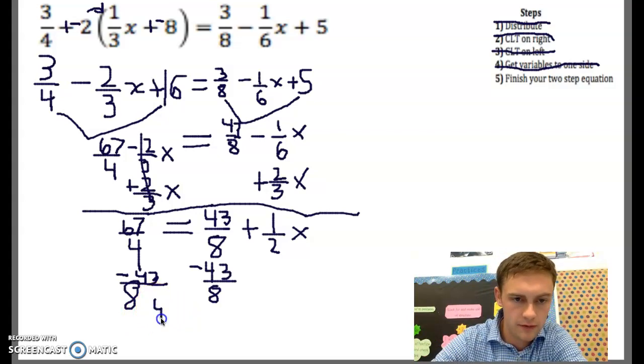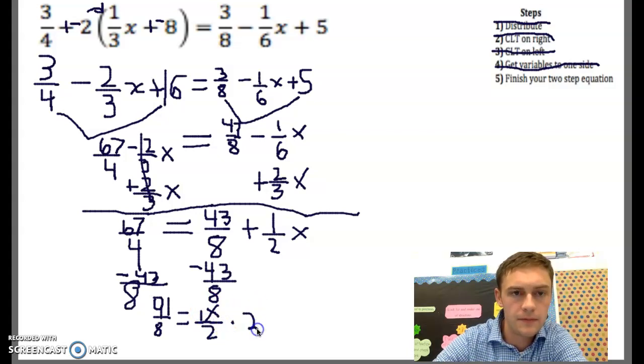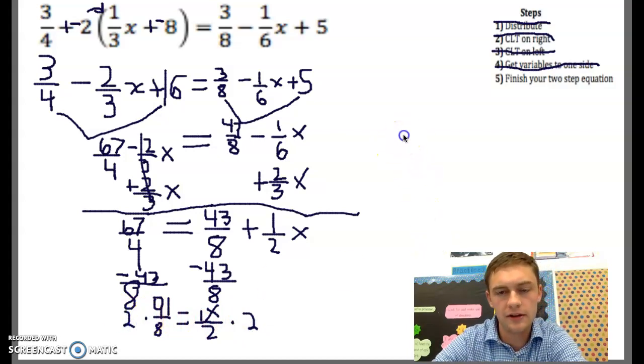And you get 91 over 8 equals 1/2 x. Remember, we bring that variable up top. You multiply by 2. And you get your answer.